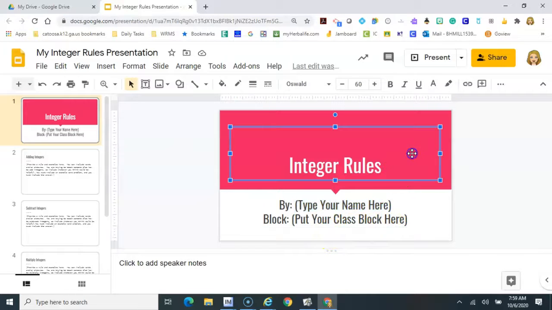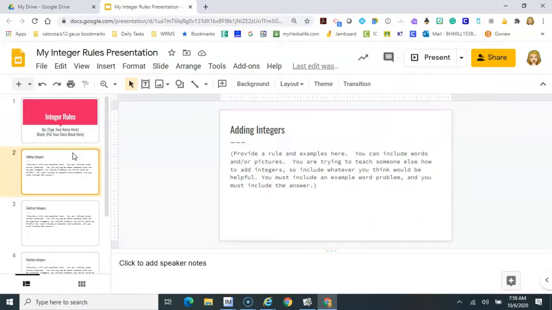All right. On the first slide, you are going to create something that talks about the rules for adding integers. It says provide a rule and examples here. You can include words and or pictures. So you could go on Google and find some kind of picture or some directions, or you can create your own.